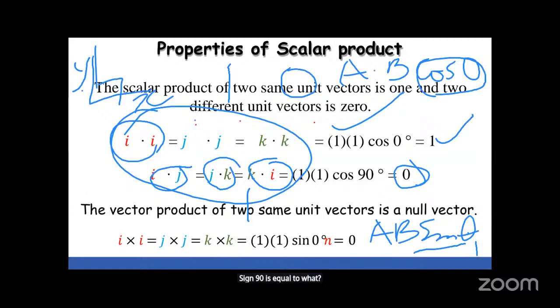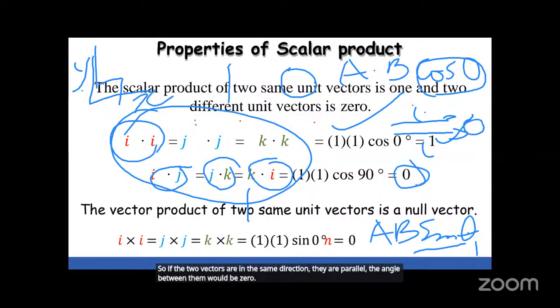Now, coming to I dot I. I dot I simply means that the two vectors are parallel, in the same direction. If the two vectors are in the same direction, the angle between them will be 0.